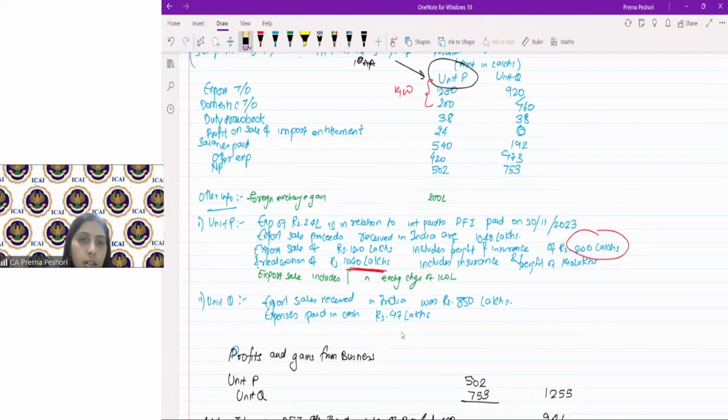Let me amend it a little bit more. It includes the expenses incurred in foreign exchange of 100 lakhs. Okay. Now, what will you do in this case? Tell me the answer. First, let's talk about the foreign exchange gain.